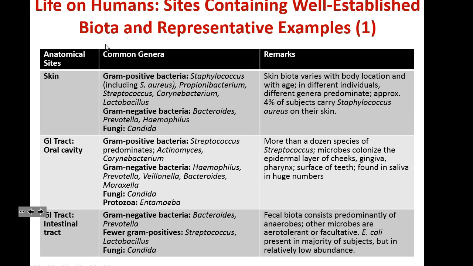Different genera predominate. Approximately 4% of the subjects carry Staphylococcus aureus on their skin. When I told you that I had cellulitis caused by Staphylococcus aureus, if Staph aureus is normal to be on your skin, why did I have cellulitis from it? It was on the outside of the skin, and I scratched it.